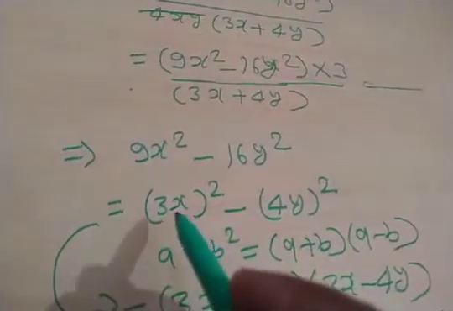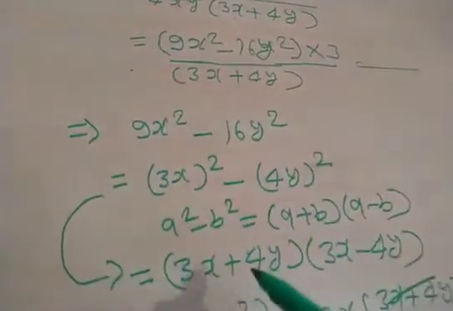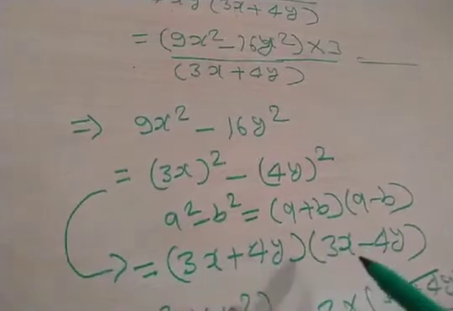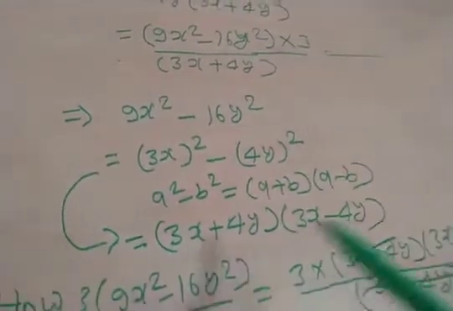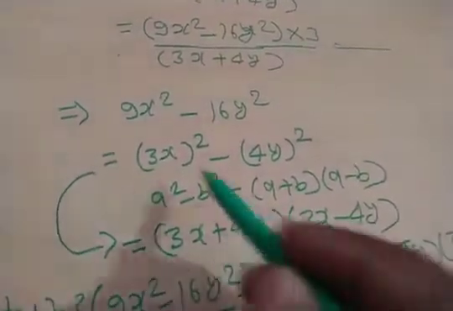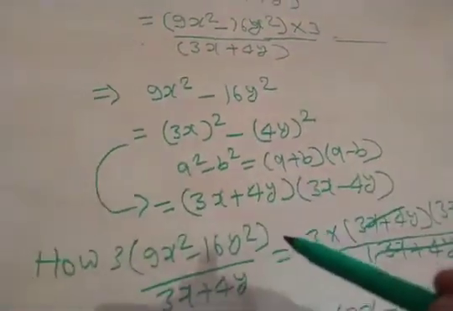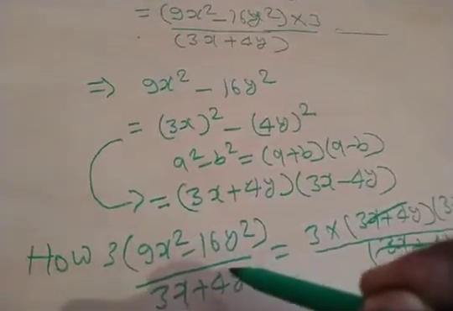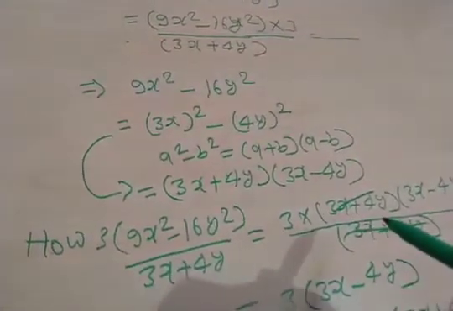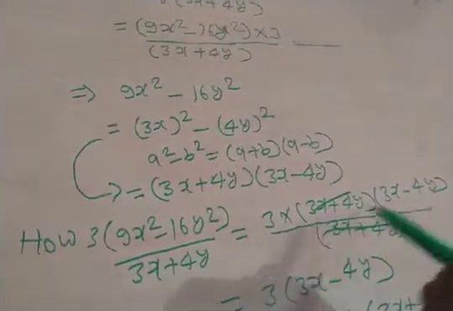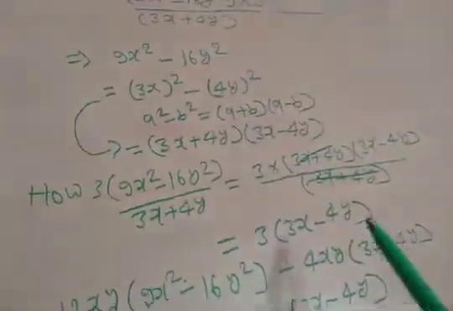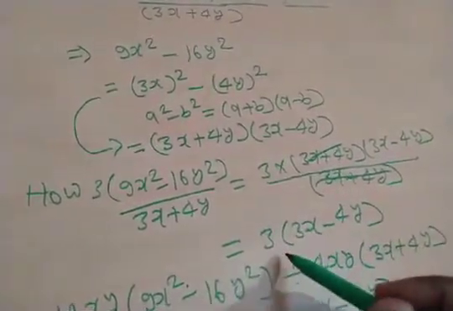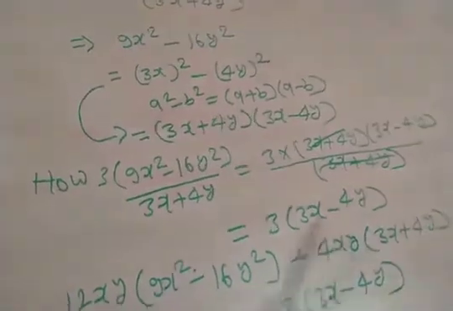So here you can see this is a, this is b. In this way we obtained 3x plus 4y into 3x minus 4y. So this is the factorization of 9x square minus 16y square. So we can see here 3x plus 4y and 3x minus 4y are cancelled. So we obtained 3 into 3x minus 4y.